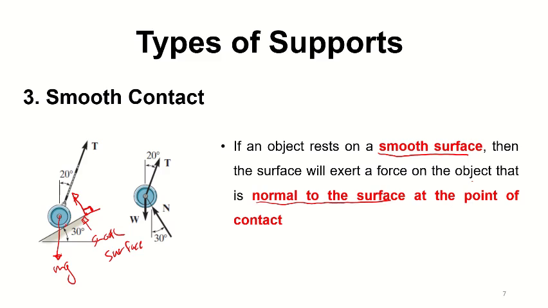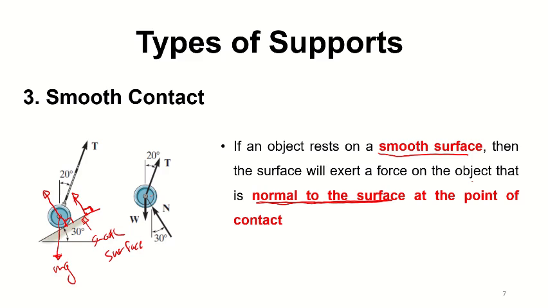So the point of contact is here, then the force should be in this direction. What you should remember is that the force is normal to the surface, or perpendicular to the surface, not perpendicular to this object, but perpendicular to the surface, right?